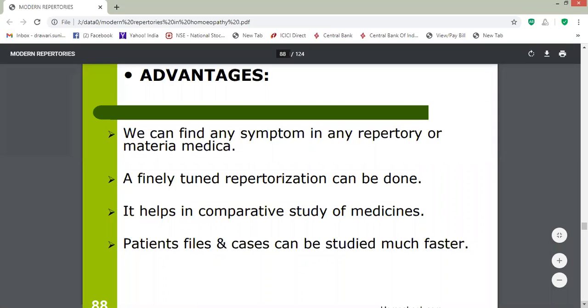Useful to find more complete rubrics. What is a complete rubric? The rubric which has its location, sensation, modality and concomitant. We get the complete symptom.